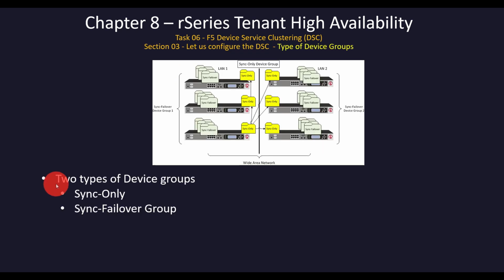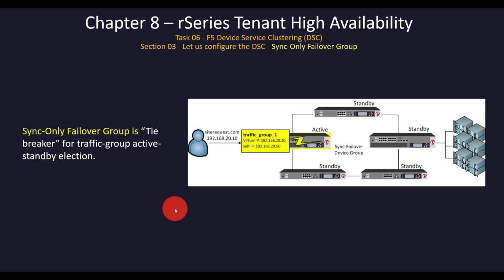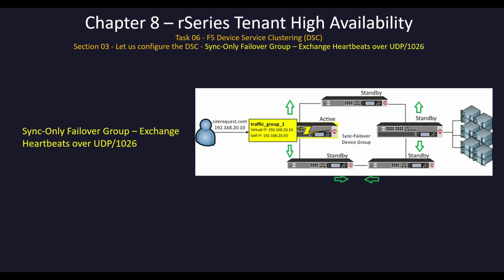If you understand correctly, there are two types of device group we discussed earlier. One is the sync-only group, another one is the sync-failover group. The sync-failover group is the tiebreaker for active-standby election. Without sync-failover group configuration, the active-standby traffic group roles are not elected in the high availability configuration.